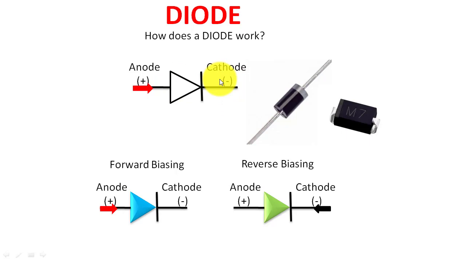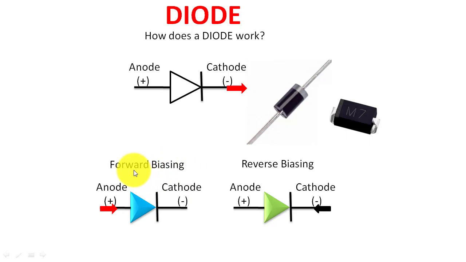So what happens when a positive voltage tries to pass? It will pass easily from anode to cathode. We will also understand how the signal passes from cathode to anode. This is another thing. So there are two things here.